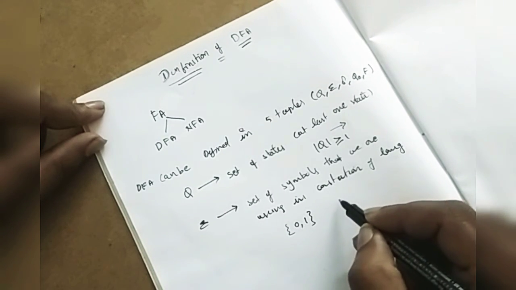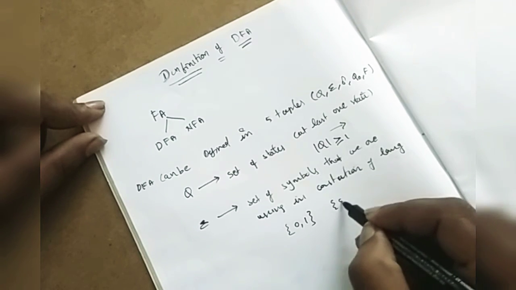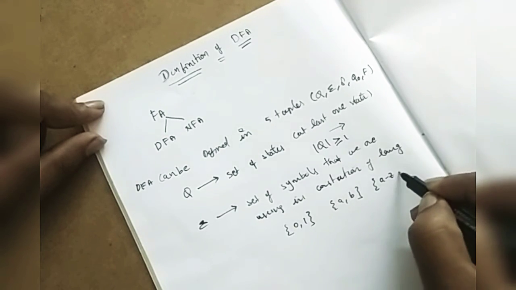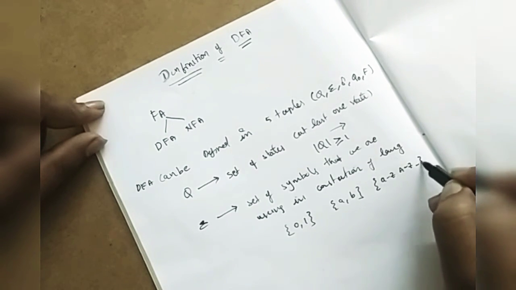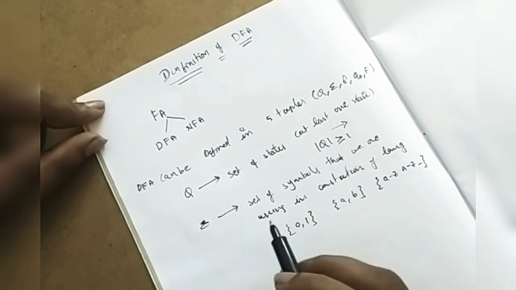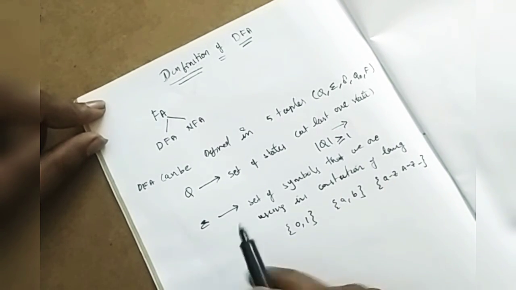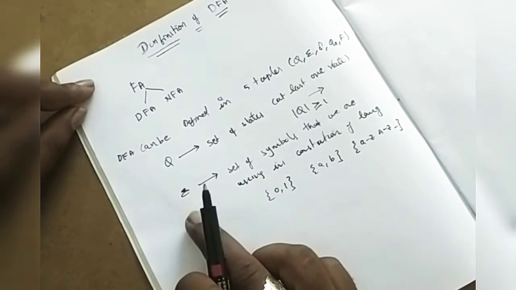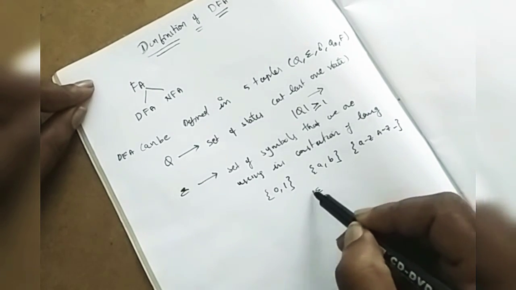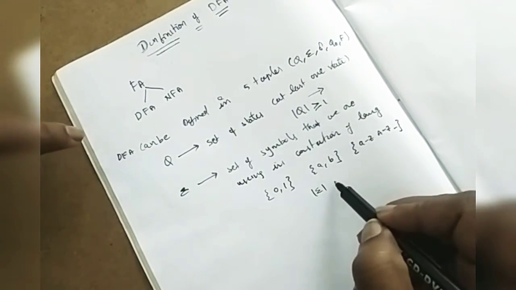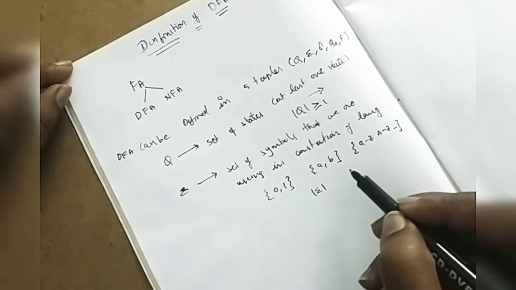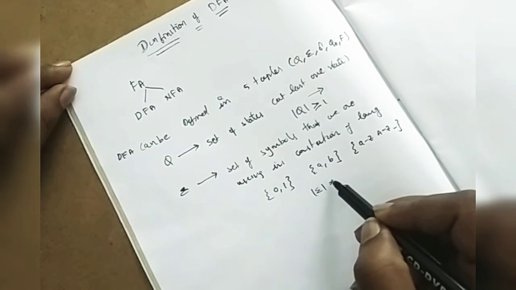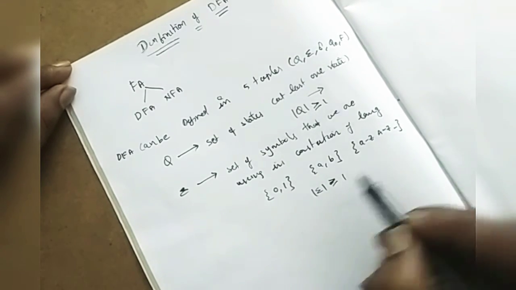If you want strings made up of a, b, you can take a, b. If you take English, it would be small a to z, capital A to Z and a space. Depending upon the language, the sigma varies. There is a condition that there should be at least one symbol to make up a language. This should be greater than or equal to 1.